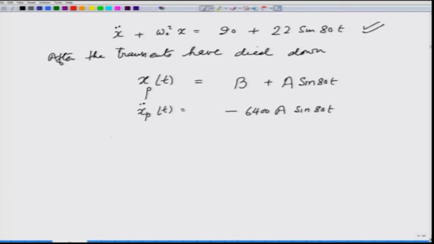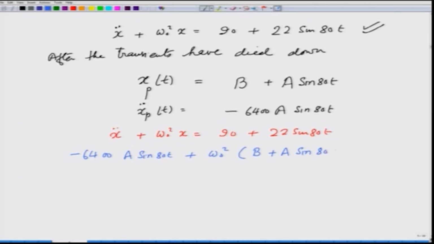So, when I substitute it in x double dot plus omega 0 square x is equal to 90 plus 22 sine of 80t, for x double dot I get minus 6400 A sine of 80t plus omega 0 square, and inside I get B plus A sine of 80t is equal to 90 plus 22 sine of 80t.